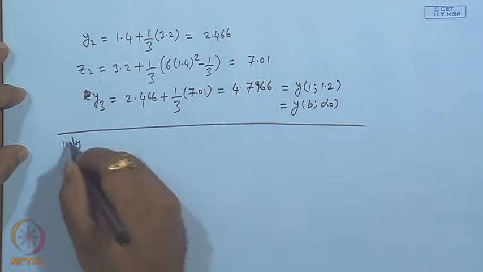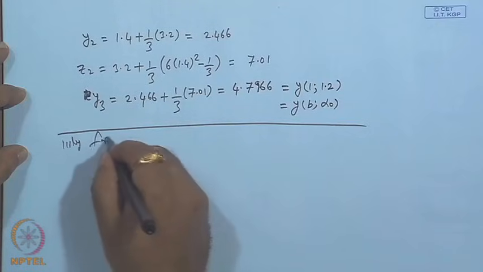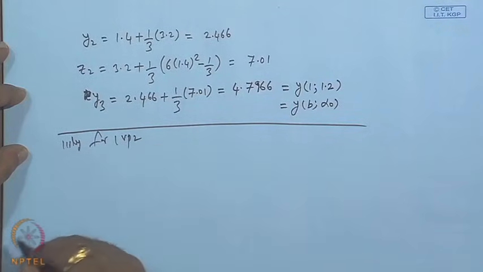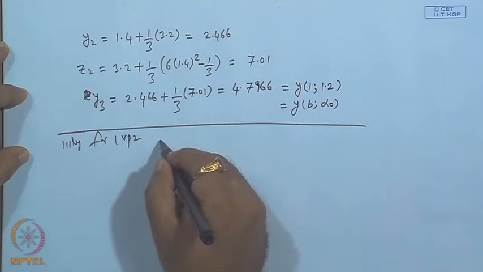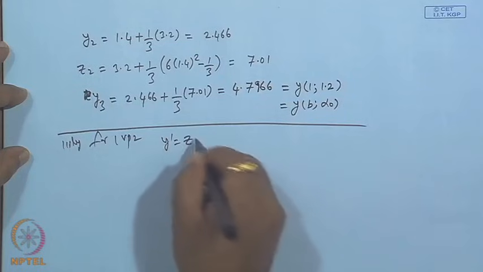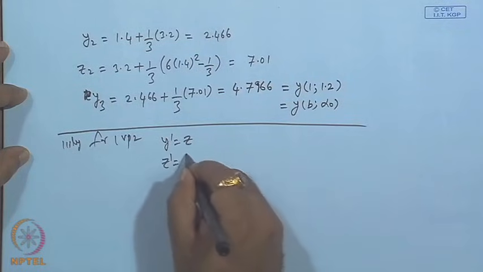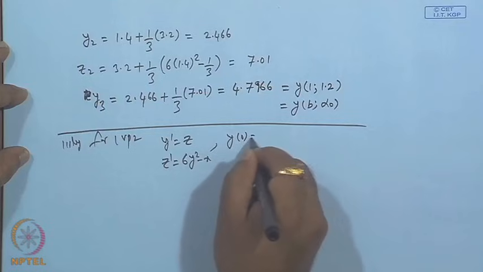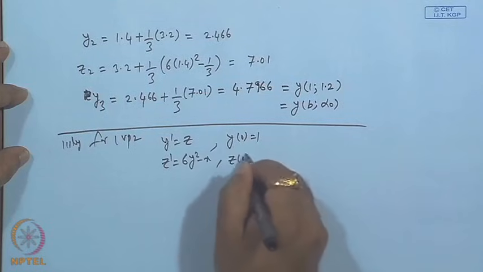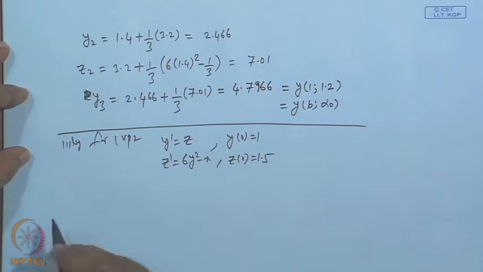Similarly, for IVP 2, we have y dash is z, z dash is 6 y square minus x, y of 0 is 1, z of 0 is 1.5.